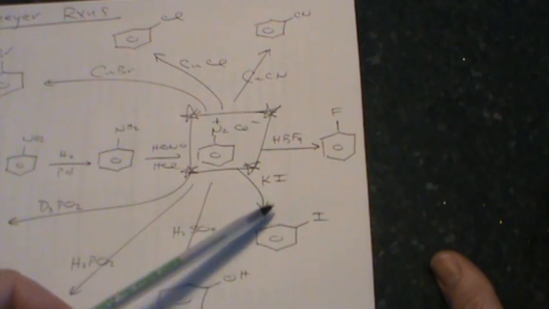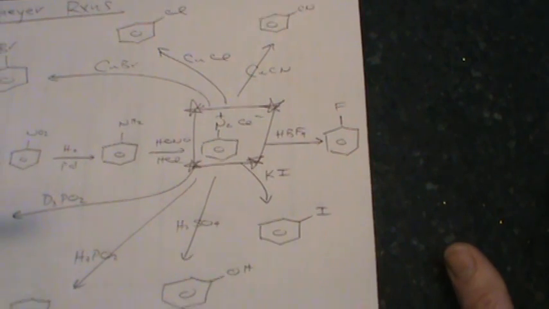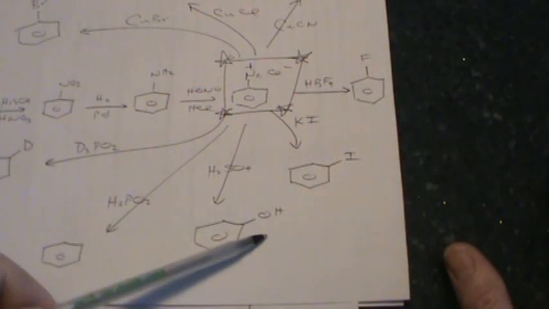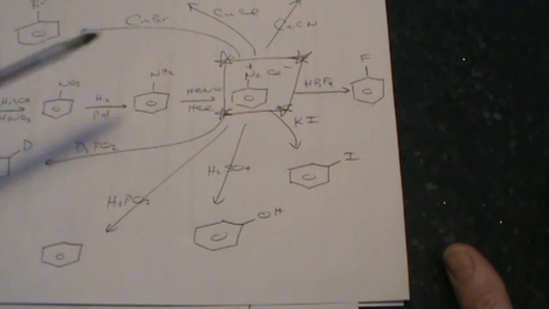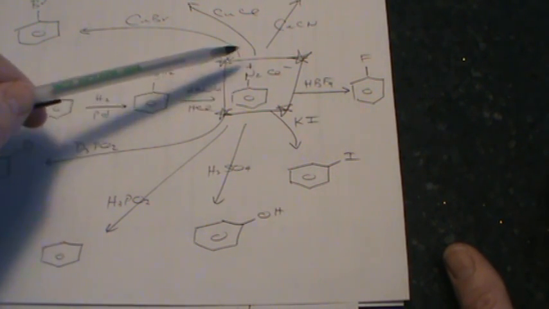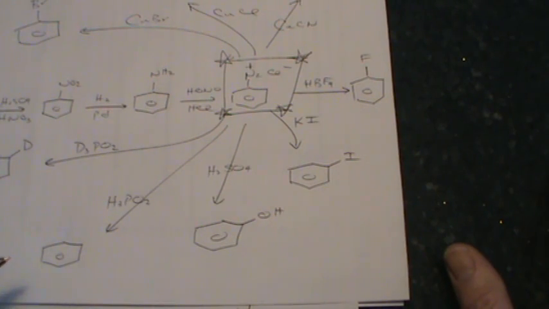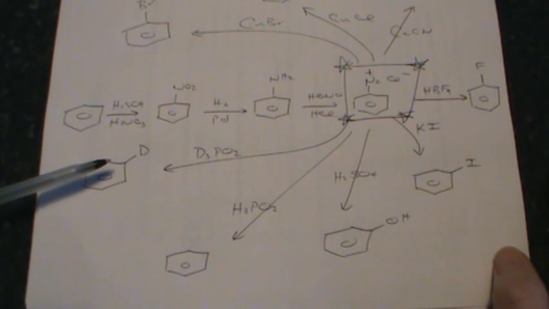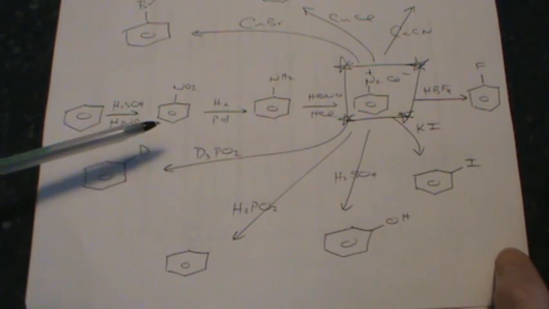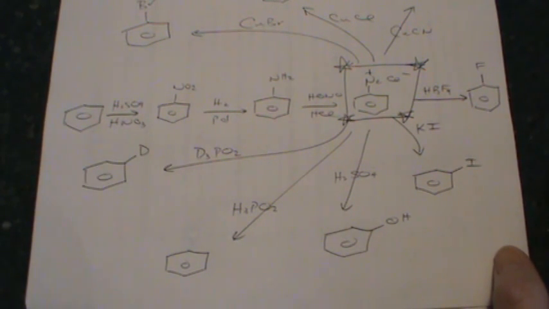If we treat it with KI, we can put an iodine on. If we treat it with sulfuric acid, we can make phenol. Hypophosphorus acid simply replaces the diazonium with a hydrogen, takes us back to benzene, and that becomes a convenient way to make deuterobenzene. Using deuterohypophosphorus acid, we can add one deuterium onto the ring in this way.